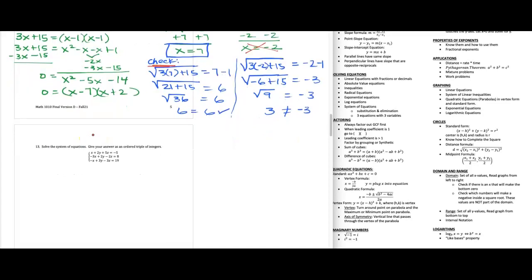Okay. So let's go to this next one. We are trying to solve a system of equations with 3 equations in 3 variables. The very first thing I look at when deciding where to start is each of the variables, to see if one looks a little easier to get rid of than the others. In this case, the x's might be easiest to get rid of.